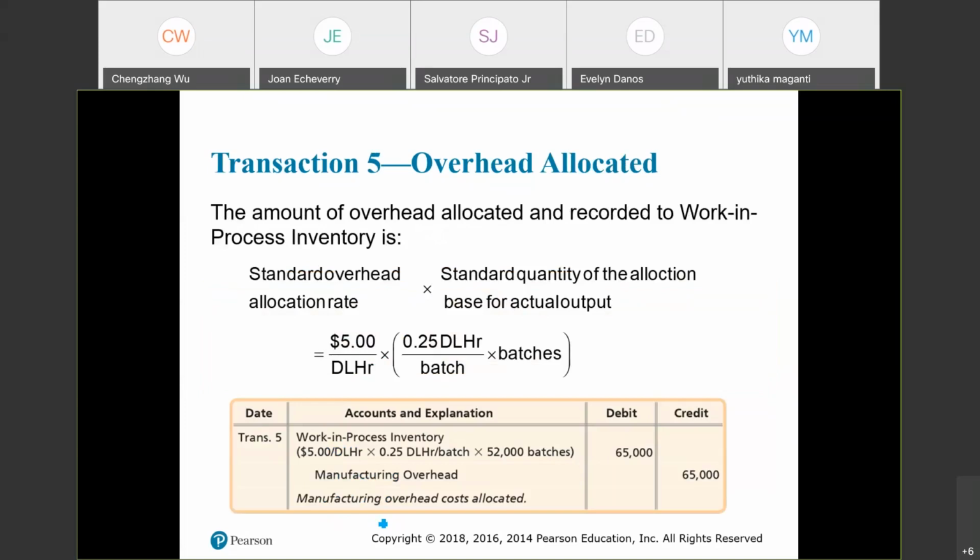Transaction 5 shows the overhead allocated to WIP inventory, computed as the standard overhead rate of $5 per direct labor hour, multiplied by the standard quantity of the allocation base for the actual output, which is the standard rate of 25.25 direct labor per batch, multiplied by the actual 52,000 batches sold.